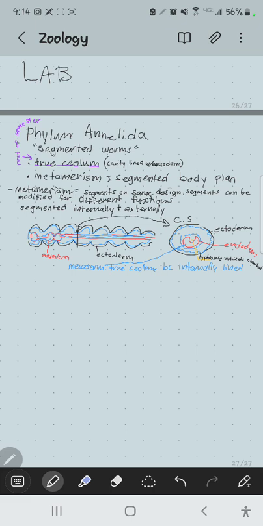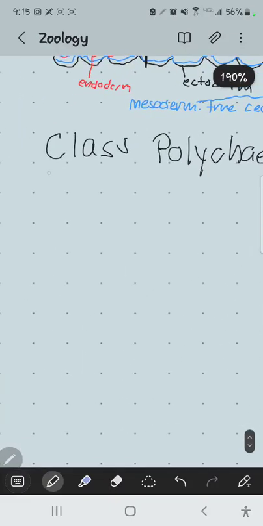Okay, so we have three classes of annelids that we're looking at. The polychaetes are all marine, or mostly marine. There's a few freshwater examples, but mostly marine. And the name polychaeta refers to the bristles that occur on the side of the organism.